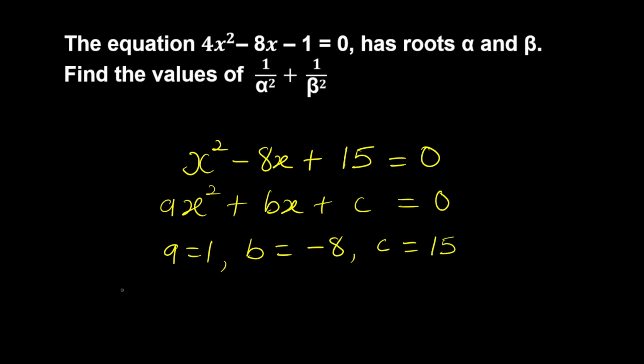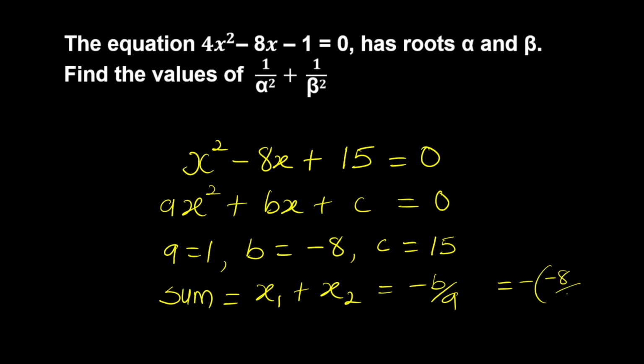Recall that the formula for the sum of roots is x1 plus x2, which is equal to minus b over a. From our terms, if we substitute, we are going to have minus into minus 8 over 1, and this is equal to 8.